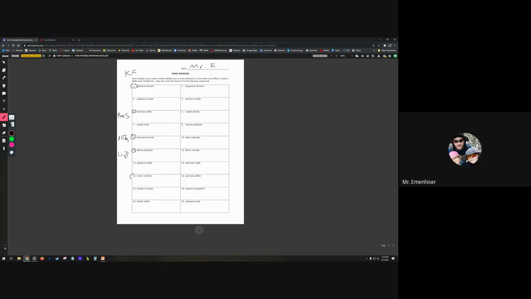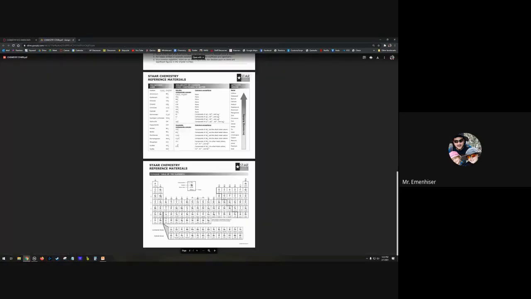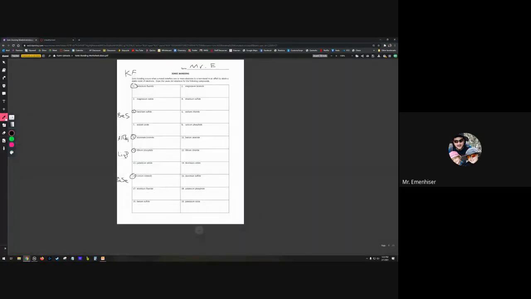Let's do this one. This is CaSe. I'm pretty sure. Selenium is in group 6. Yep. Okay. What else? I'll do this one. Magnesium bromide is MgBr2.